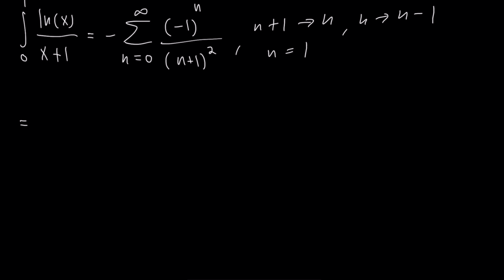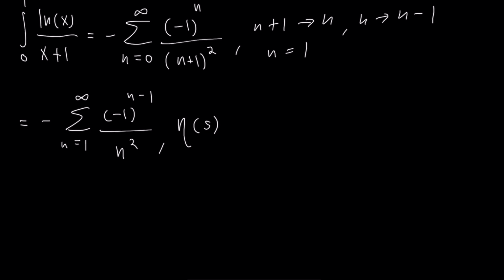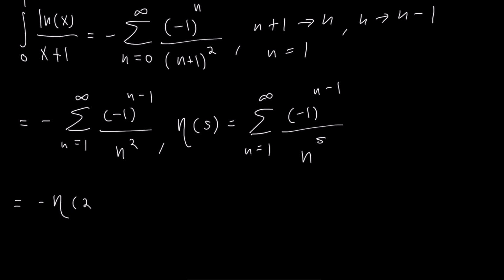It is equal to negative the sum from n equals 1 to infinity of (-1)^(n-1) divided by n squared. We have to recall that the function eta(s) is equal to the sum from 1 to infinity of (-1)^(n-1) divided by n^s. So here clearly we have negative eta(2).